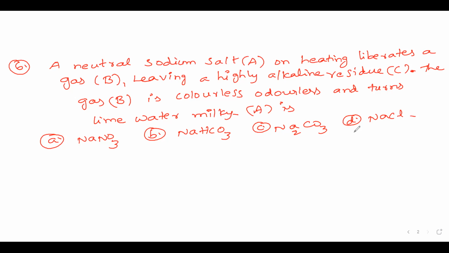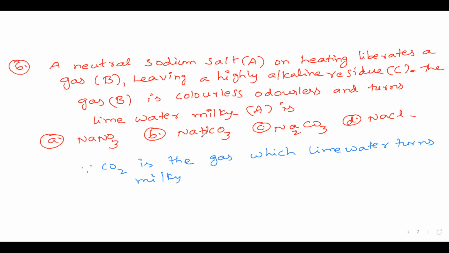Either from sodium bicarbonate or sodium carbonate. Carbon dioxide is a gas which turns lime water, that is calcium hydroxide, milky due to the formation of calcium carbonate. So definitely the option could be either B or C.